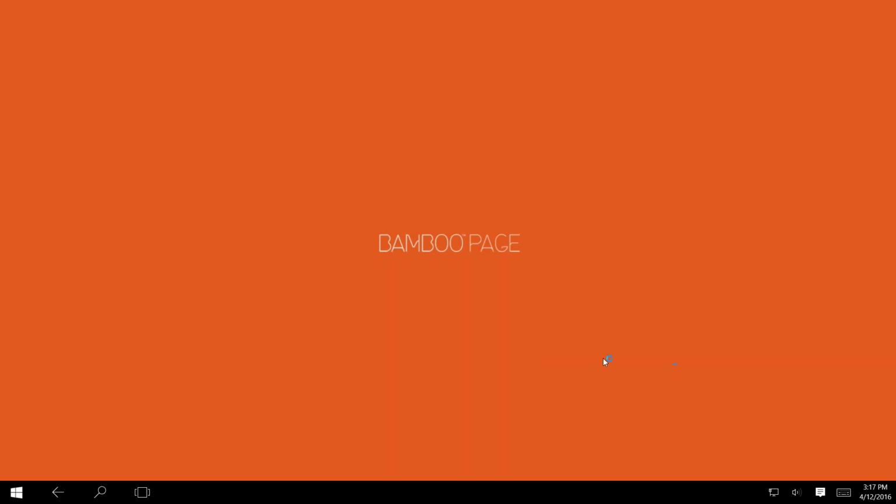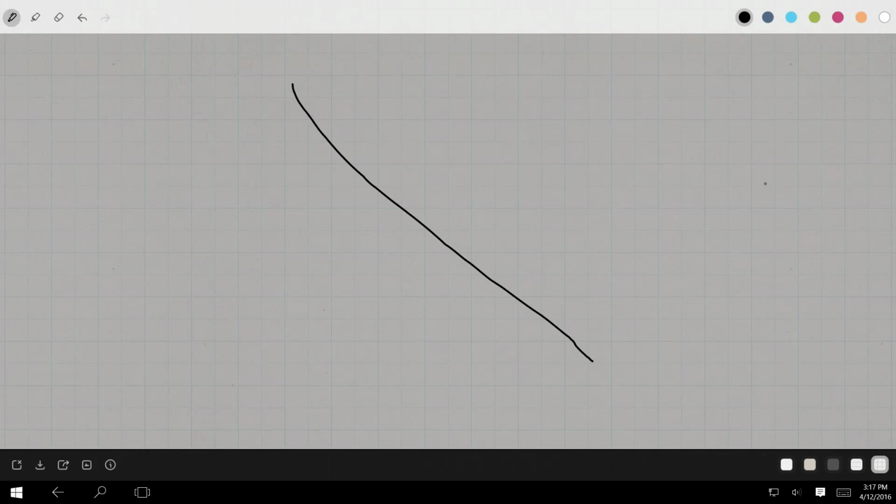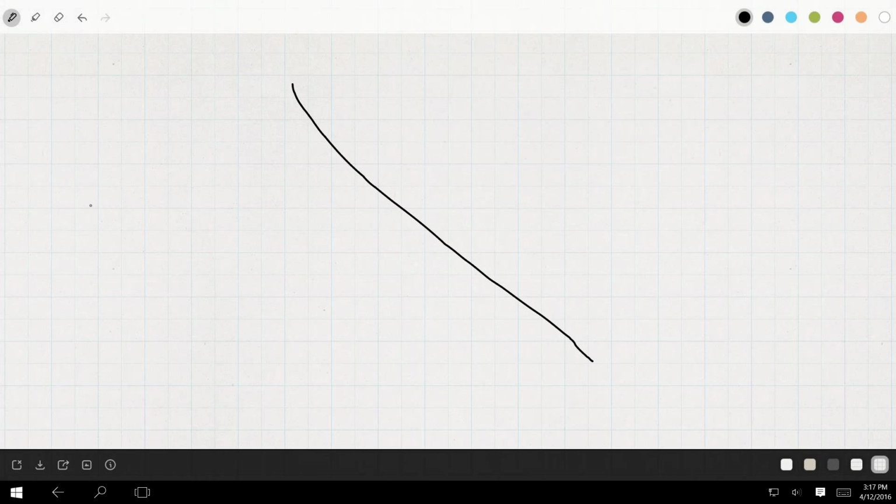So far, it doesn't even show up. Oh, here we go. I've never used this program, so I'm not sure how to advance the page, but it may solve some of our problems. Well, I'll try it.